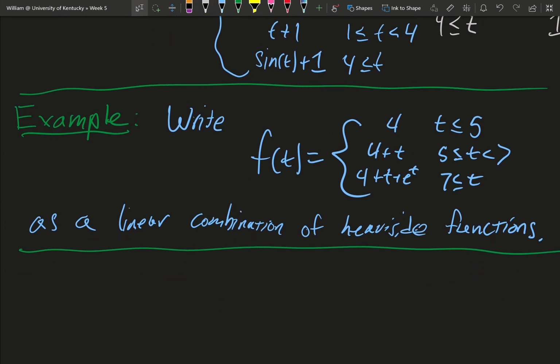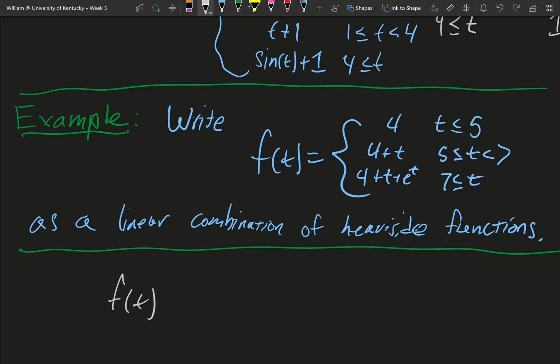So the first thing to note here is what term is always present. And what I mean by always is, for t as low as you can go. We can see that if t is less than 5, as we go to negative infinity, we just take on the value 4.